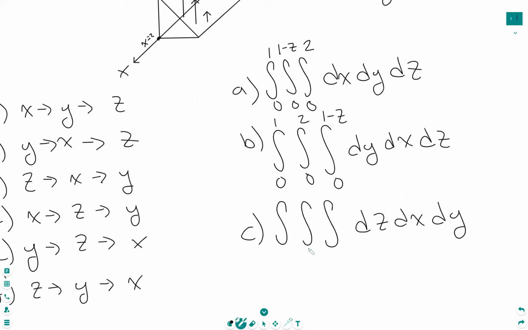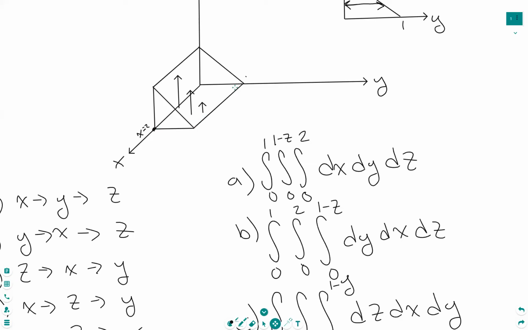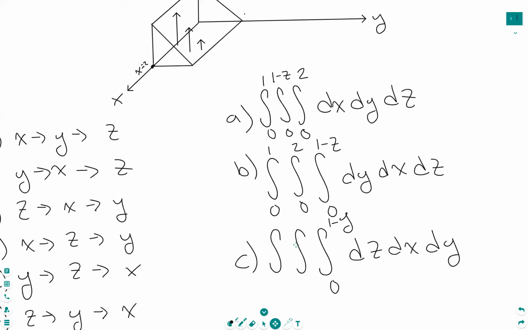So the plane equation we could rewrite as z is equal to 1 minus y. So we go from z equals 0 to z equals 1 minus y. And then we need to look at the projection on the xy plane. So the projection on the xy plane is this rectangle. The x bounds go from 0 to 2. And the y bounds go from 0 to 1.